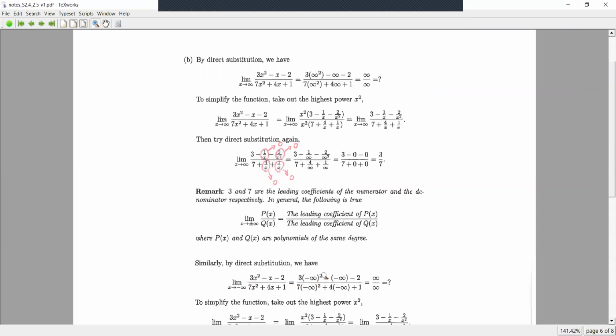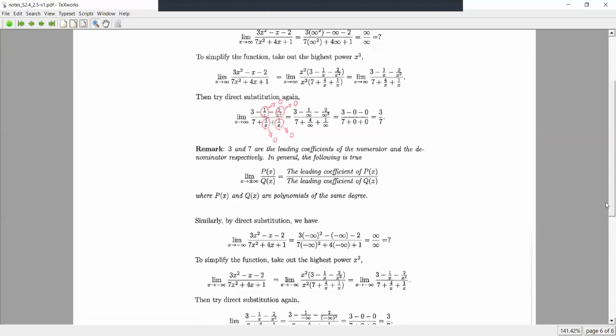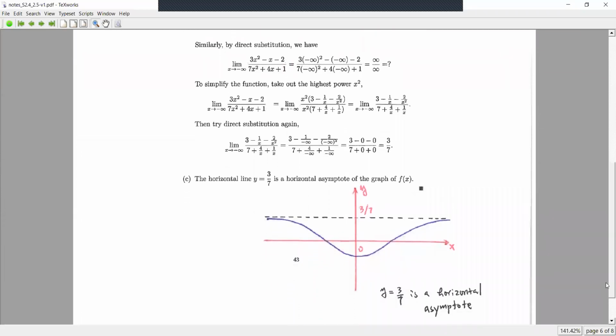So this guy is positive infinity, and this guy is negative infinity. But again, infinity divided by infinity, we don't know what that is. Now, to determine this limit, we need to simplify the function.